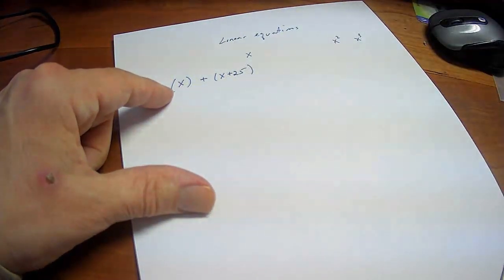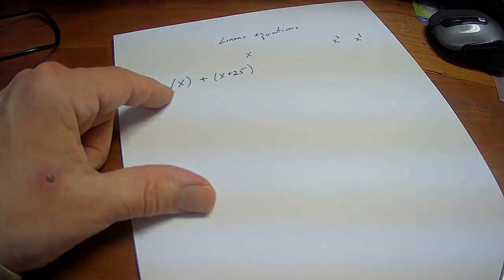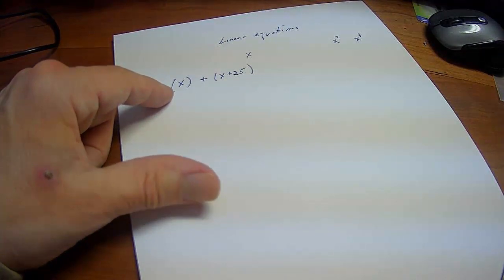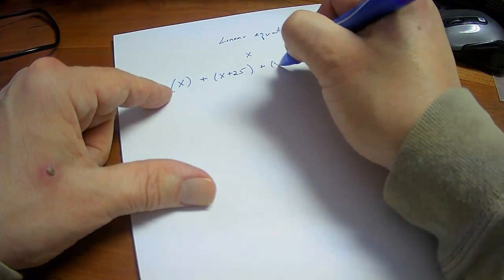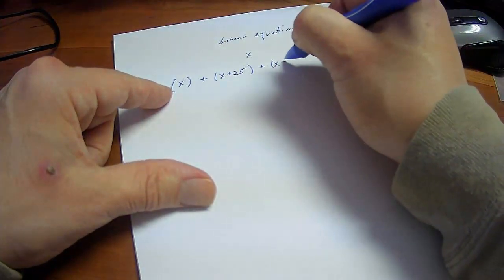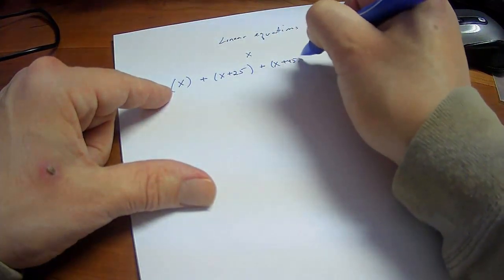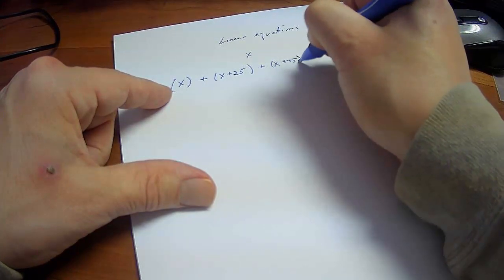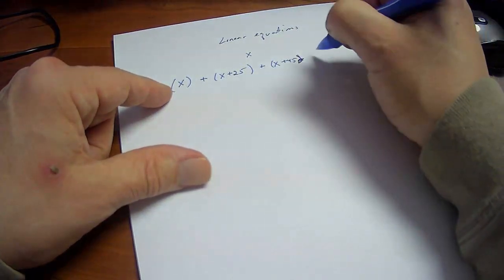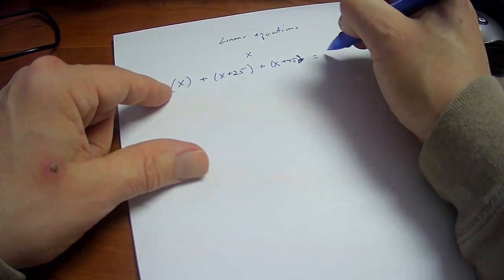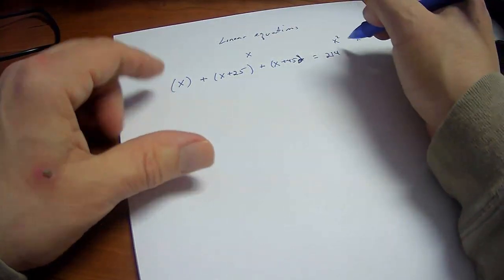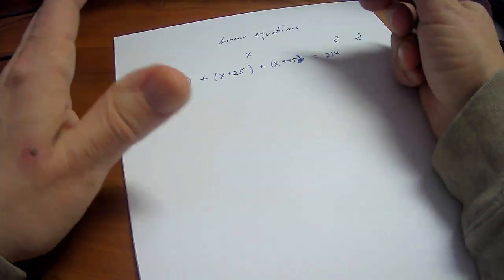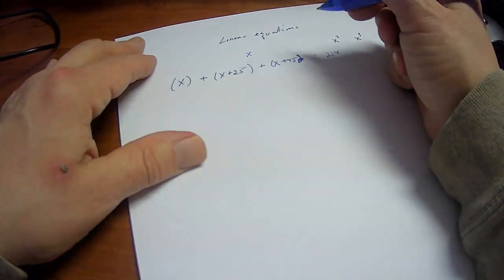Then they come along with the person with the master's degree, and the master's degree says, I beat you by $45,000. So that's your associate salary plus 45, because we're already reporting these things in thousands. And together they earn $214,000. At the end of the day, when you get x, you'll have to report it in thousands.